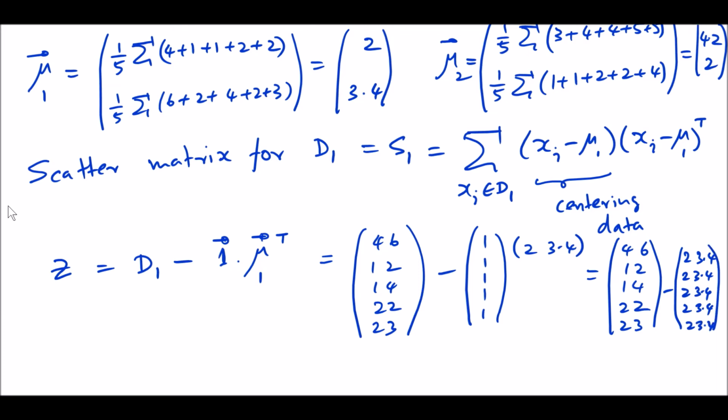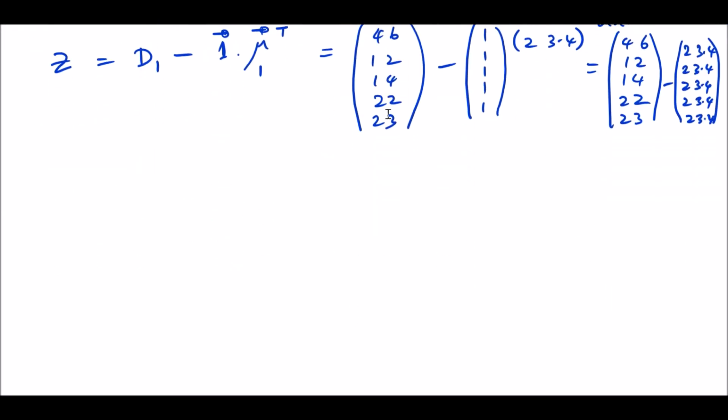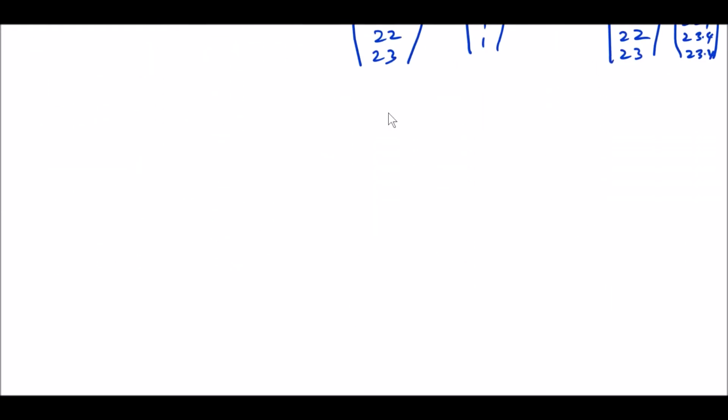You can do it that way, but I prefer a much simpler way without going into complex mathematics. So let's do it in a simple way. If I want to calculate x1 minus mu1, x1 is the vector 4 6.